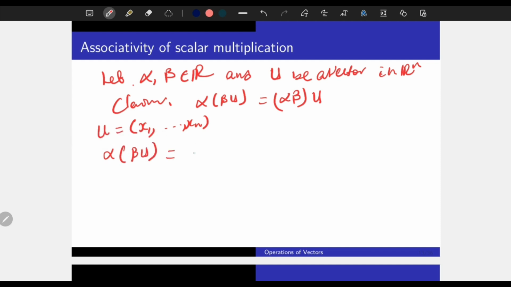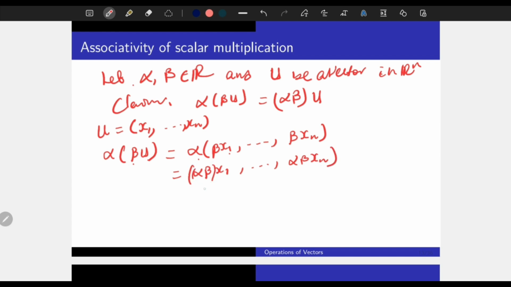When you use the scalar multiplication, we are multiplying each coordinate by beta, which is beta x1 up to beta xn. Then again we can multiply this by alpha, which is alpha beta x1 to alpha beta xn.